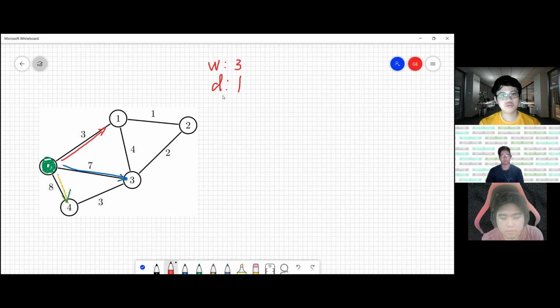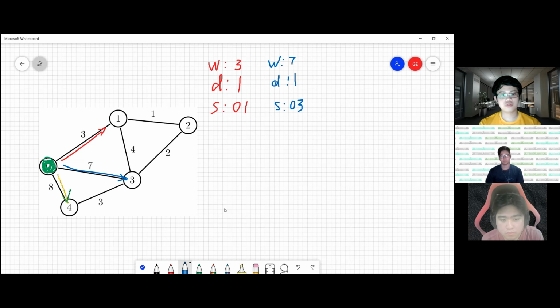For the sequence, we started from zero up until one. For the blue information, the weight is seven, the distance is one, and the sequence is zero and three.